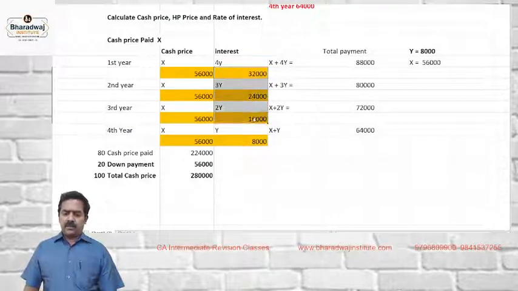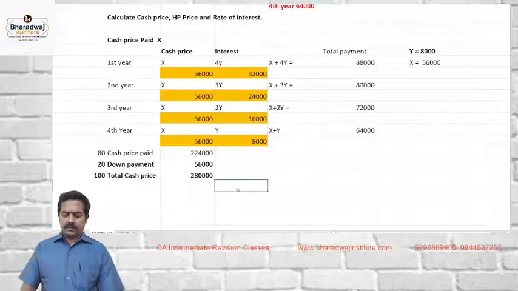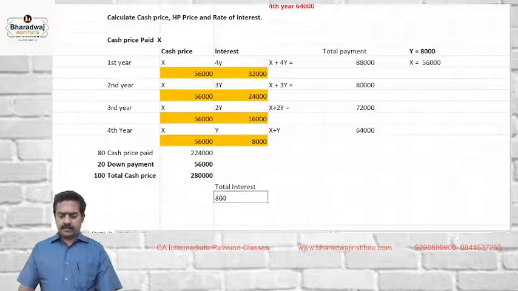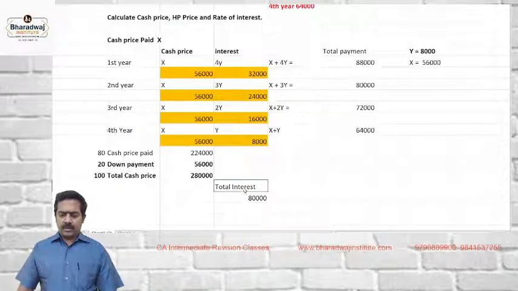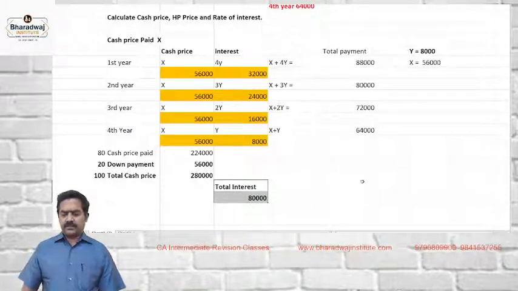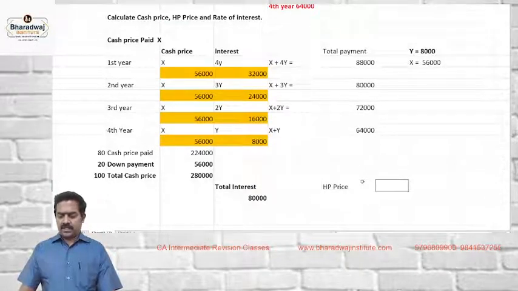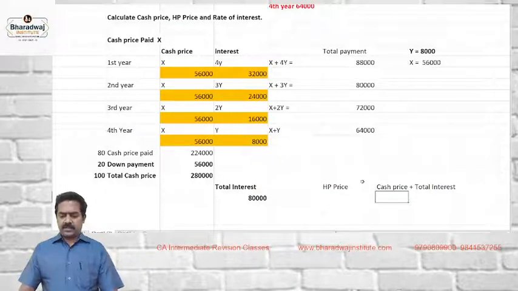What is the total of interest? 32 plus 24 plus 16 plus 8. How much? So total interest is 80,000. The hire purchase price is nothing but the cash price plus total interest: 2,80,000 plus 80,000.